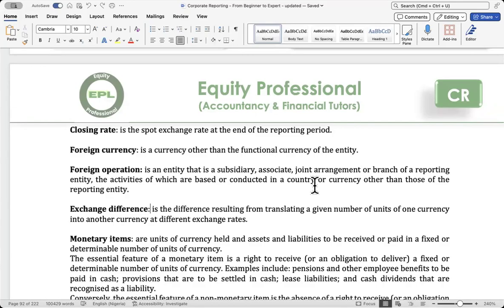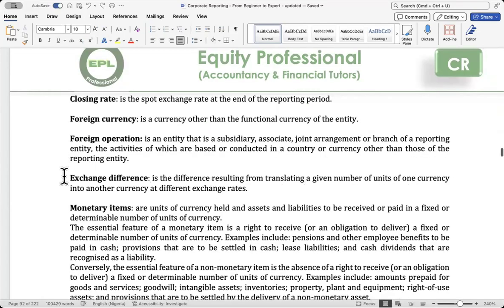You will see there will be some balances, which I will show you practically very soon. So that's exchange difference: differences arising from translating from one currency to another using different exchange rates, or differences arising from fluctuations in exchange rates. I think you get the idea of what I'm talking about.